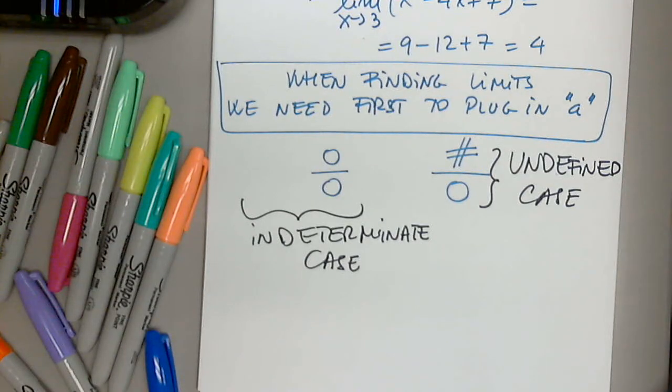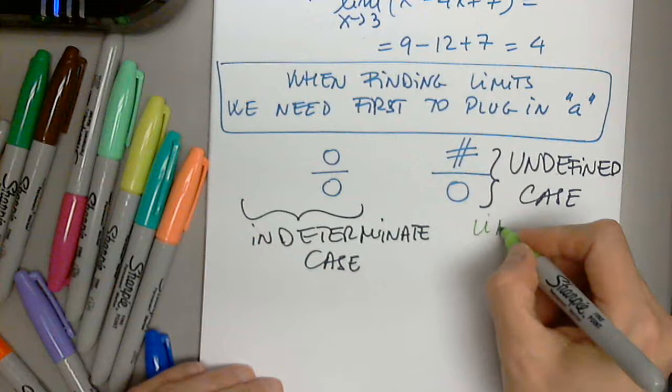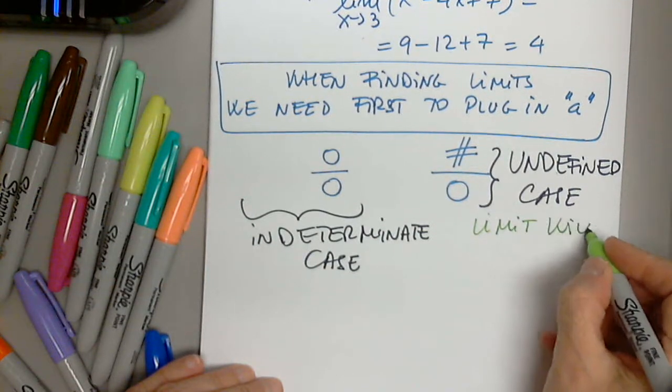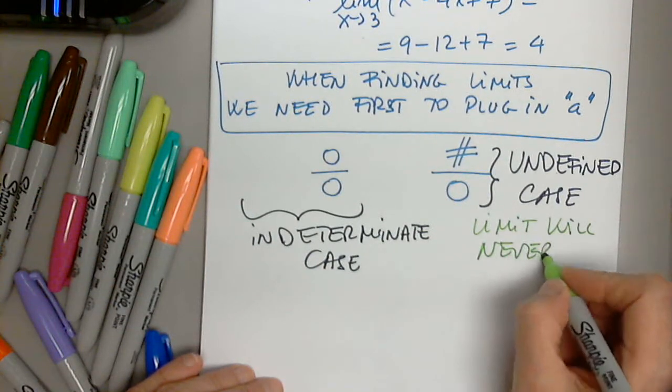Which of these two would you think has absolutely no hope for the limit to exist? Absolutely none whatsoever. The first, exactly. Awesome. Great job. Limit will never exist.